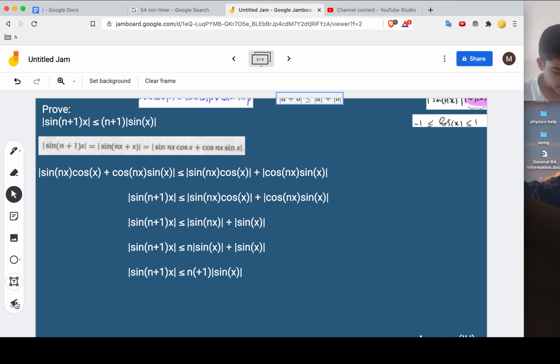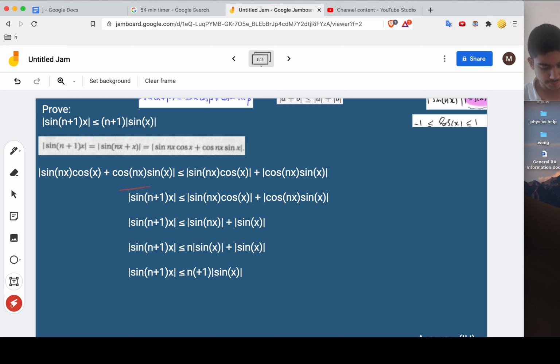Okay, now we're going to say this left side right here. Remember that it was actually just equal to the one in the beginning. It's equal to this, right? This is all the left side. This is all equal to sine of n plus 1x. So we're just going to replace this with this huge side right here.